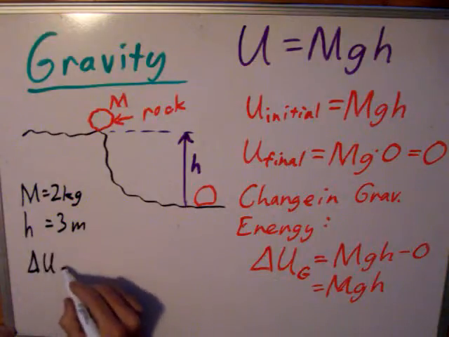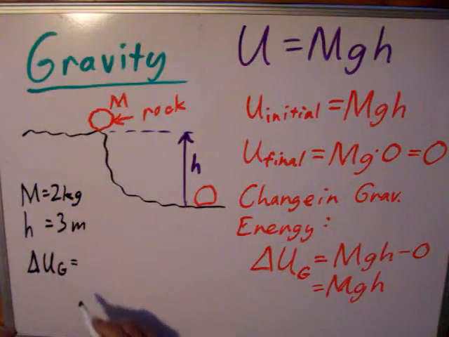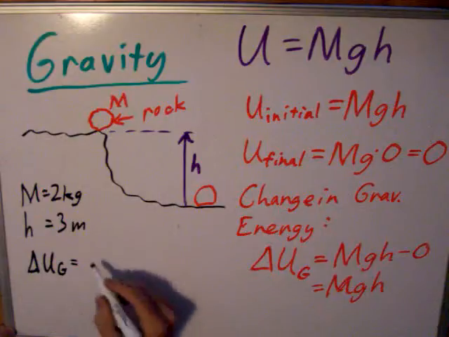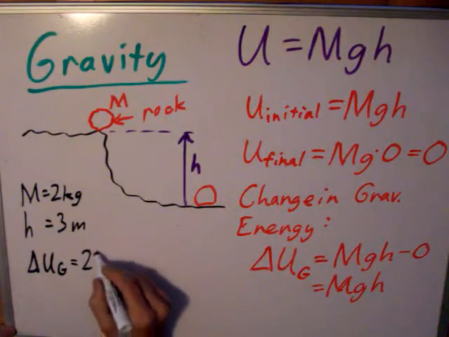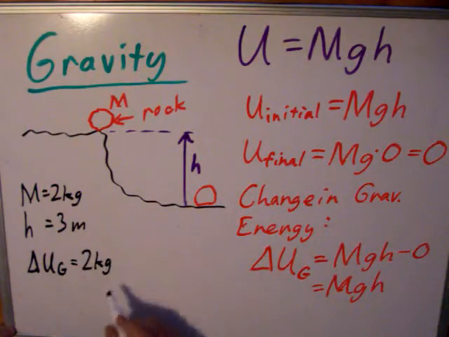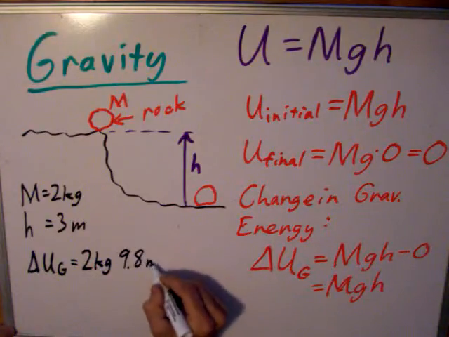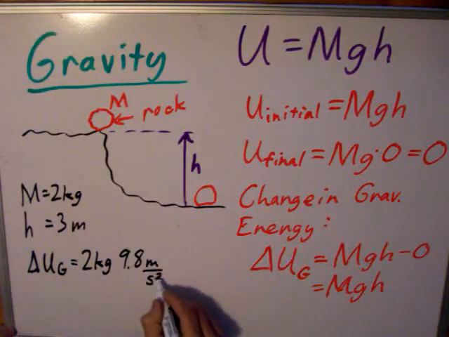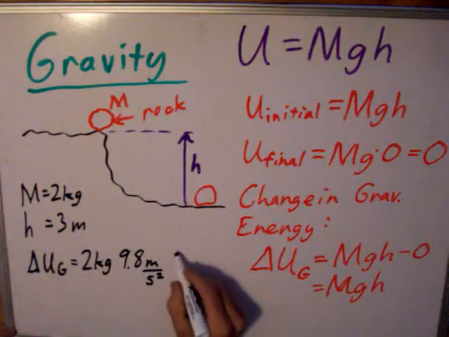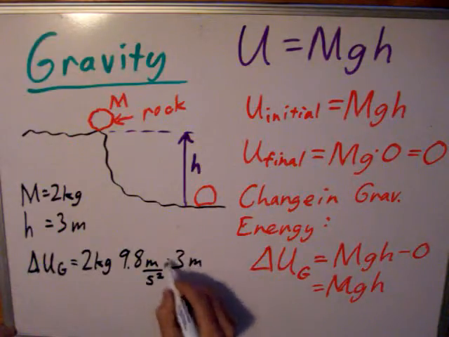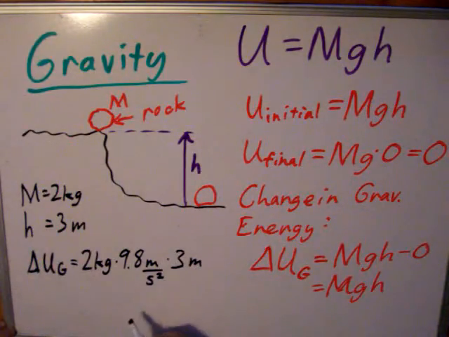Let's plug in those numbers. Delta U_G would be m times g times h. m is 2 kilograms. Little g is 9.8 meters per second squared. And h is 3 meters. Multiply all these numbers together.